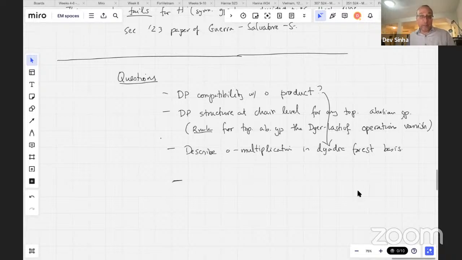Getting a little further from things we've talked about, but certainly in this area, something that Ravenel and Wilson pay attention to is Milner's description of the dual Steenrod algebra.